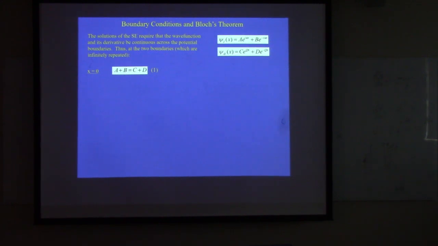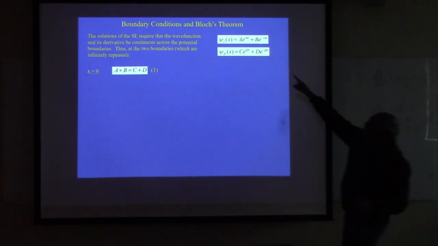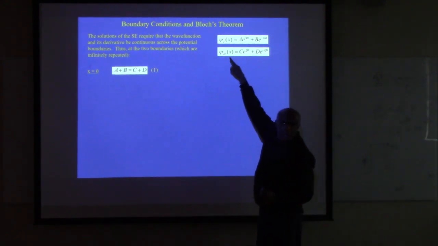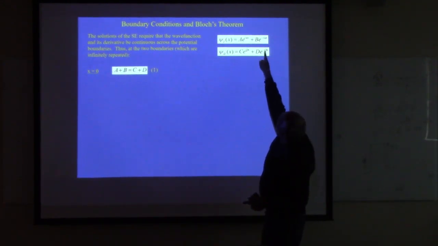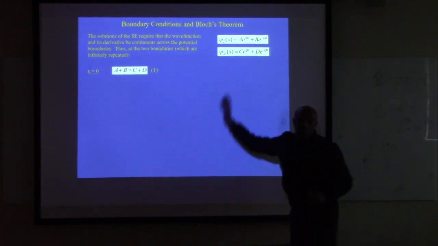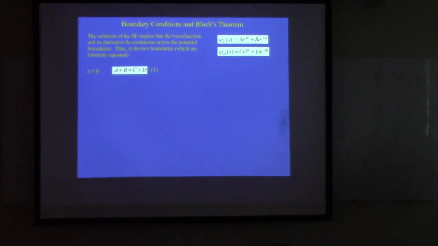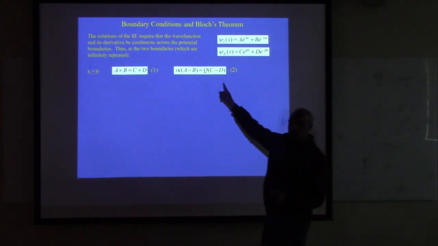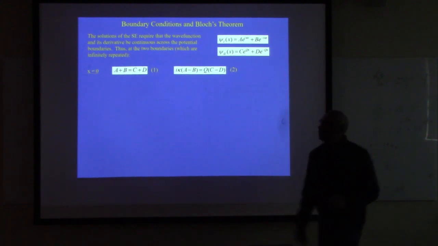Now if you take the derivative, what do you get? If I take the derivative here, you get ik times a, right? So here also you get minus ik times b. Now if you put x equals 0 for both, then you get this one. Is that clear for you? That is the derivative at x equals 0.